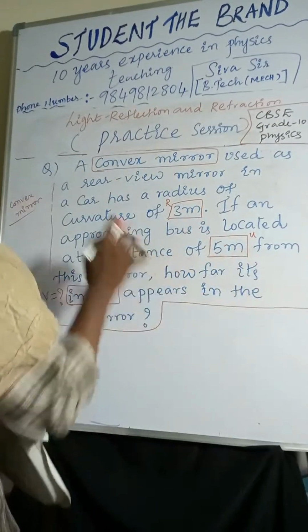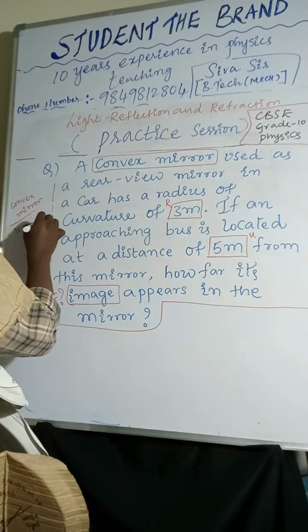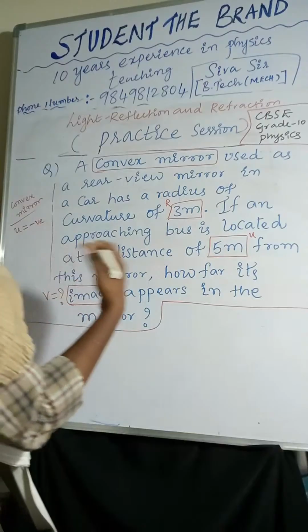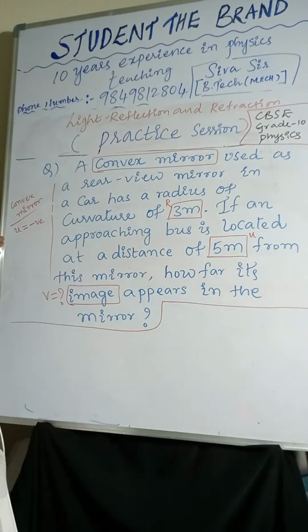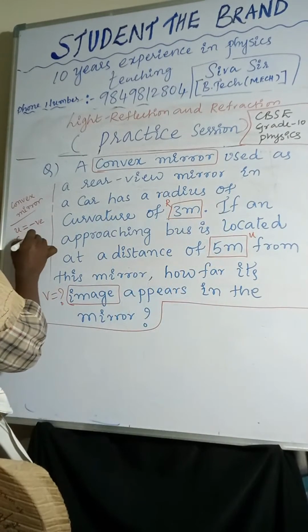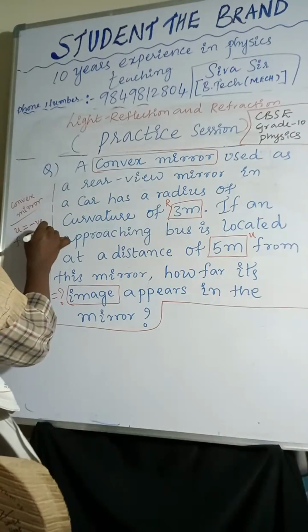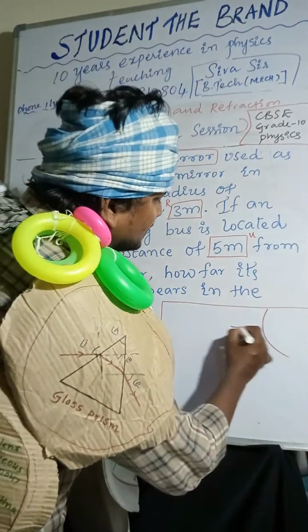Object distance is anyway negative only. Whether they give it or not, it must be negative. That is the first point. Second point: focal length must be positive for a convex mirror.